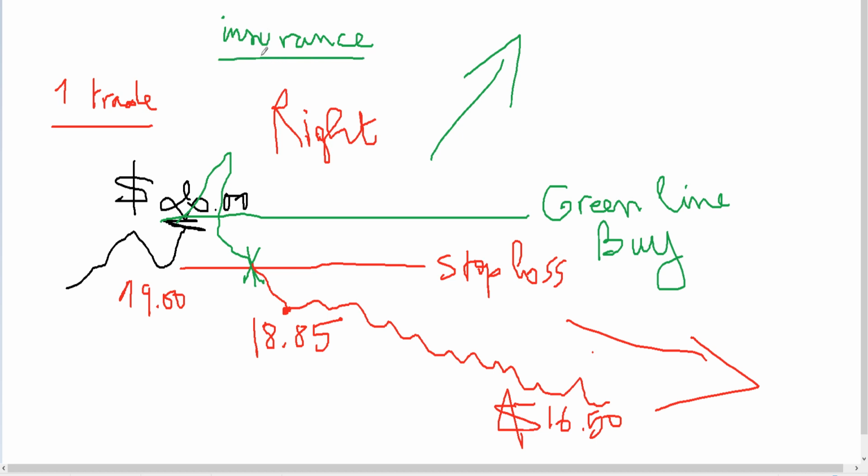It means you pay little money because you are wrong in the direction of the stock. The stock is not going up, it's going down, and you thought that the stock was going up. So this is one scenario that sometimes happens.